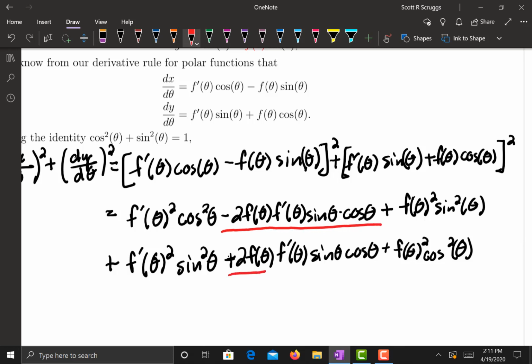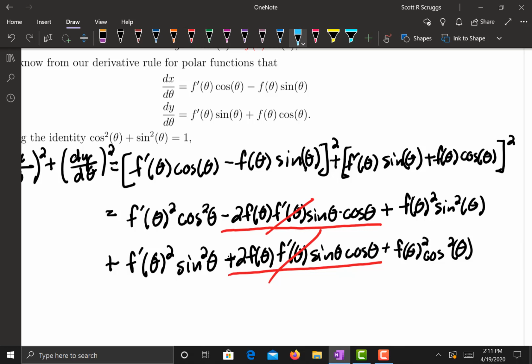And that is with this first expression. So even though I split this down to two lines, this is technically one thing being done. I'm adding all of these together. And so I have 2 times f of theta times f prime of theta times sine times cosine, plus minus itself. Those two get to cancel each other out.